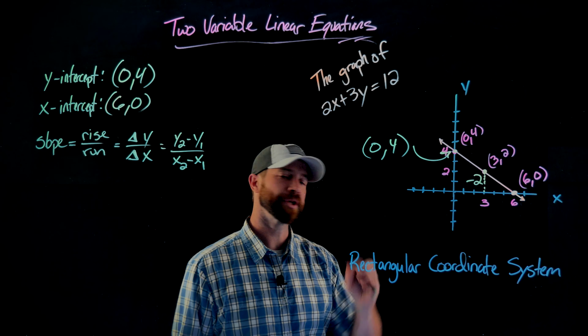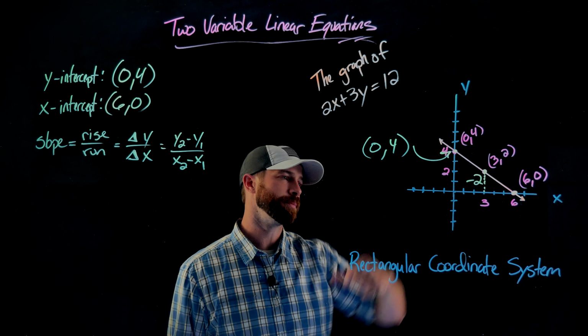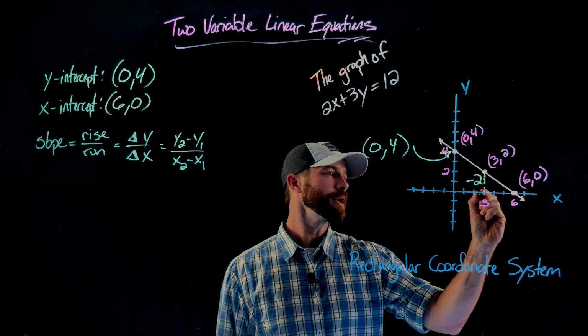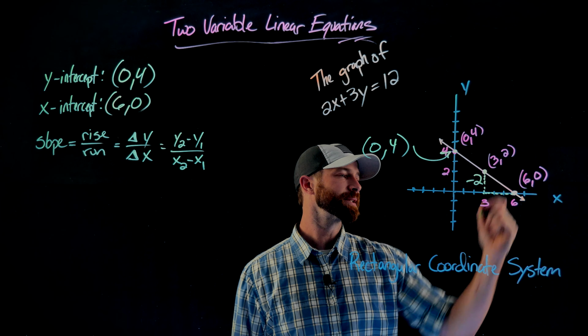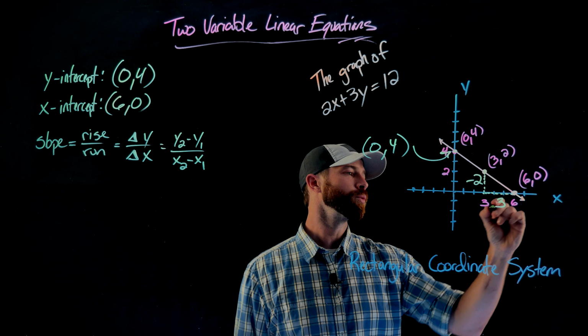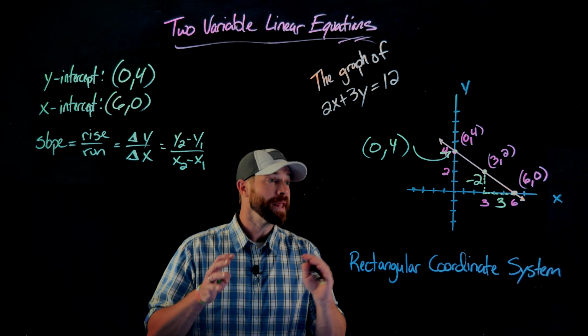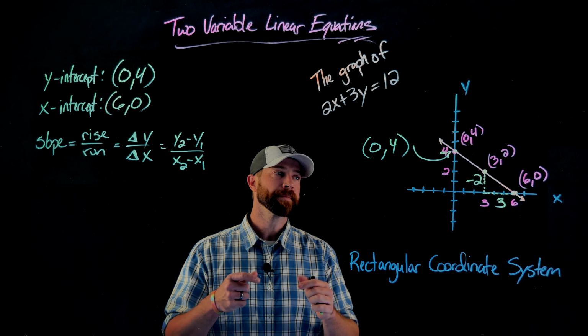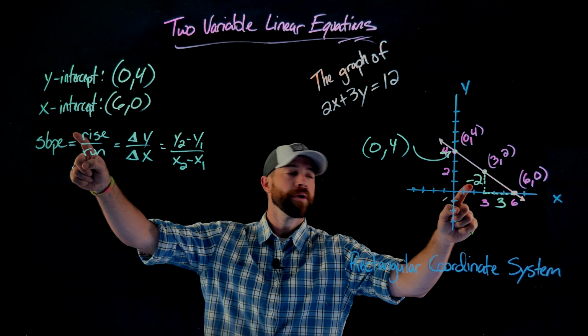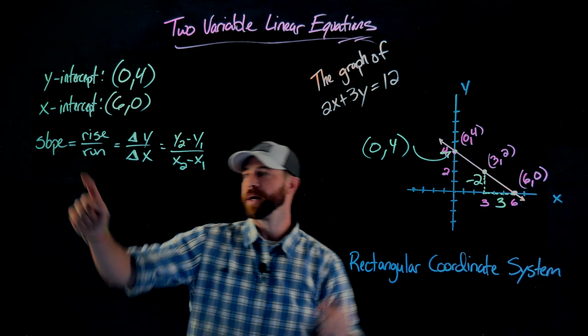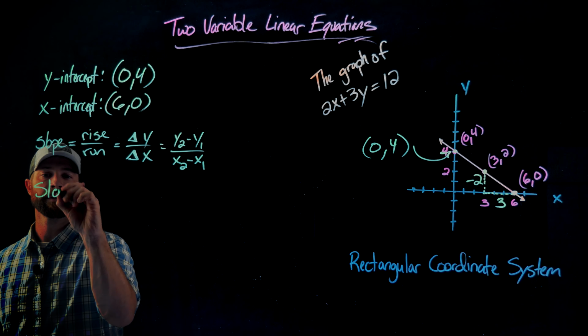I use a -2 to denote going down versus a +2 would be going up. Horizontally, I'm going over from x equals 3 to x equals 6, and this would be a run of 3. So the slope for this equation is -2 for the rise over 3 for the run, specifically.